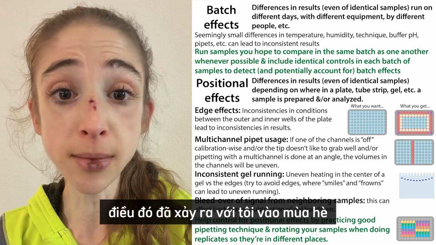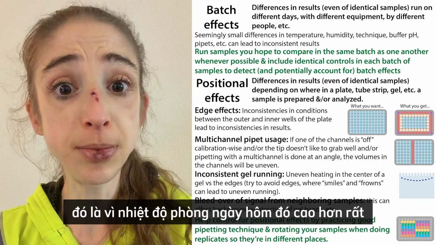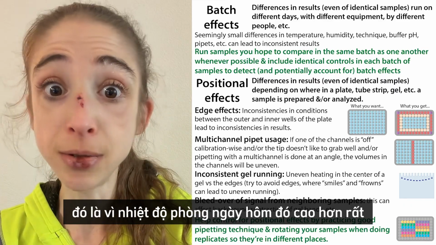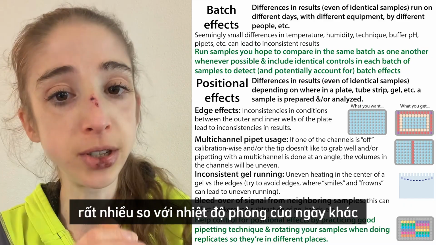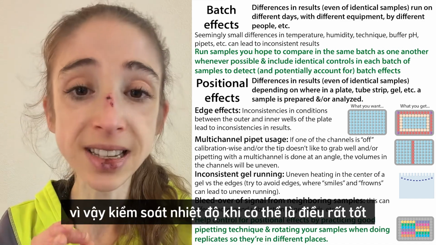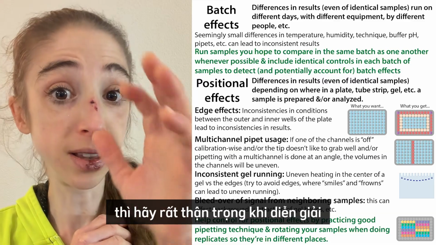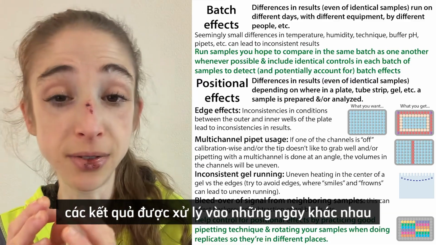That happened to me over the summer when it was really hot one day, and I'm like, why is my enzyme so much more active? It's because room temperature on that day was a lot higher than on another day. So temperature control whenever possible is great, but if you don't have that, then be very cautious with interpreting results that were processed on different days.